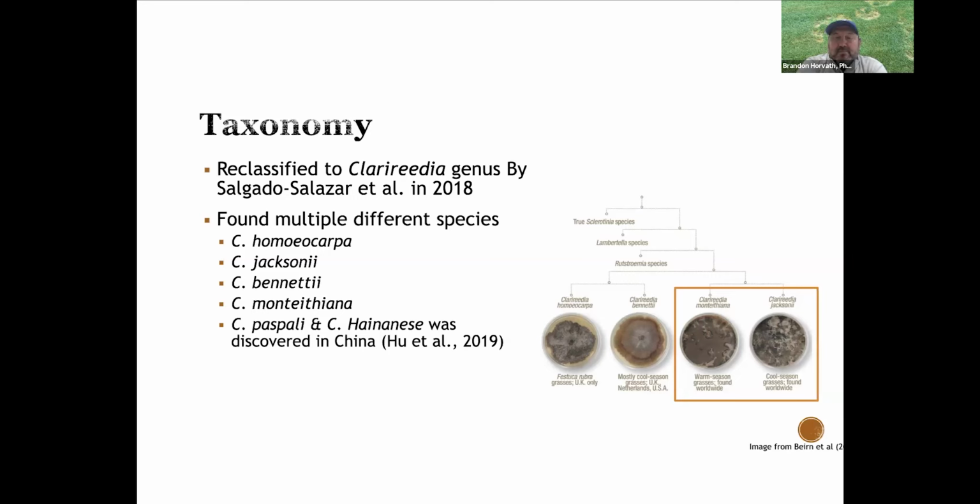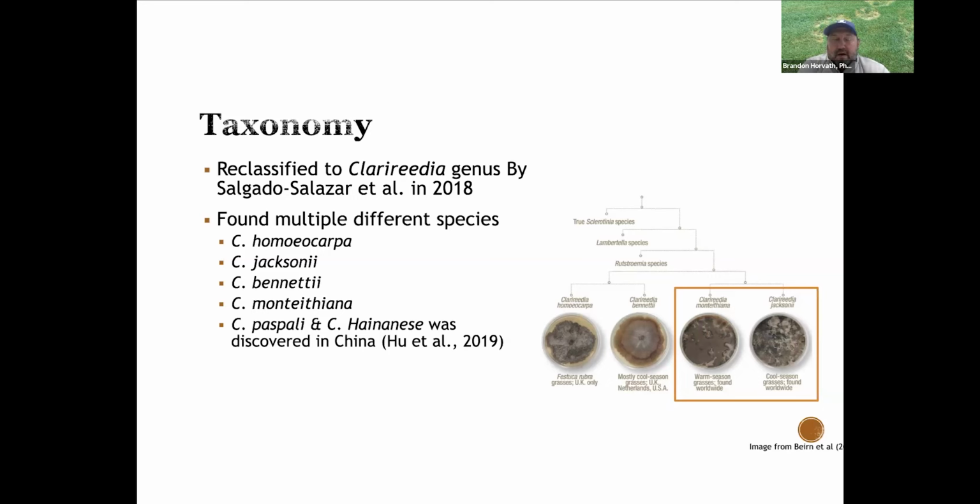And then the two most predominant species, Clariredia monteithiana and Clariredia jacksonii. Monteithiana, named after Monteith, the guy that described it initially in 1927, found on warm season grasses worldwide. And then Clariredia jacksonii is found on cool season grasses worldwide.